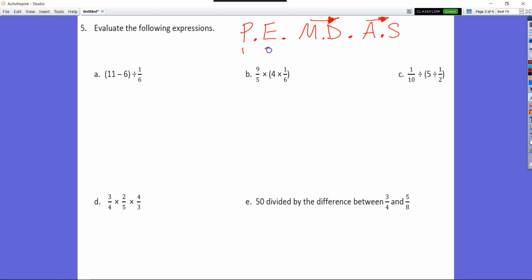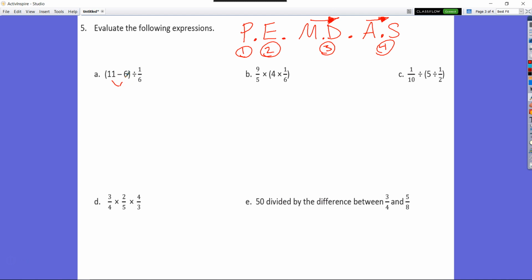So this would be 1, 2, 3, 4. That's the order that you're doing them in. And of course, if you have a 1 and a 3, you would go 1 and then 3. If you have a 1, 3, and a 4, you would go 1, 3, 4, and so forth. So here we have a 1 parentheses and then a 3 for division. So we're going to do what's inside our parentheses first. 11 minus 6.